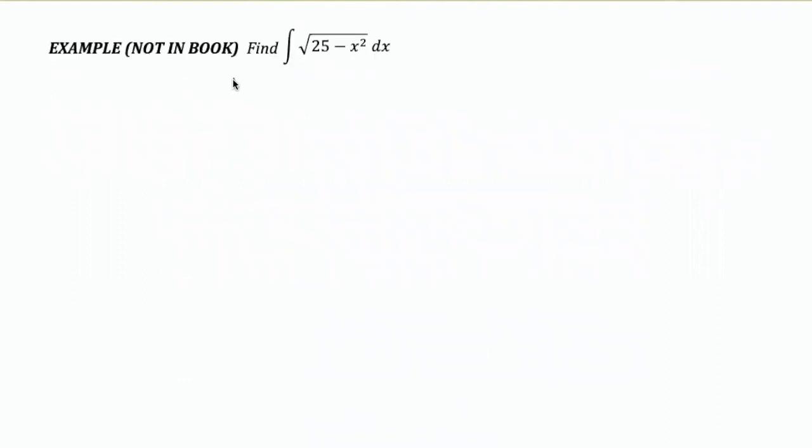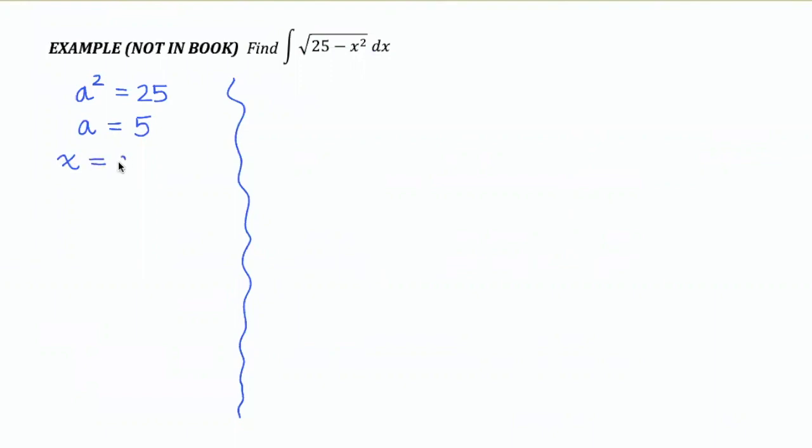As you saw before, I'm going to save myself some space to do some work. So my a squared is being represented by 25 right now. Therefore, take the square root, and a has to be 5. Therefore, since my substitution is supposed to be to let x equal a sine of t, my x substitution will be 5 sine of t.